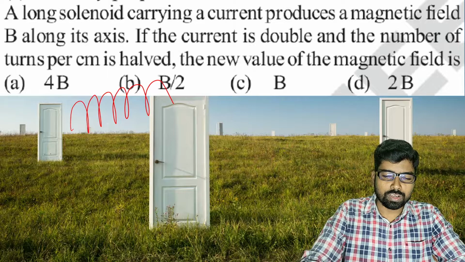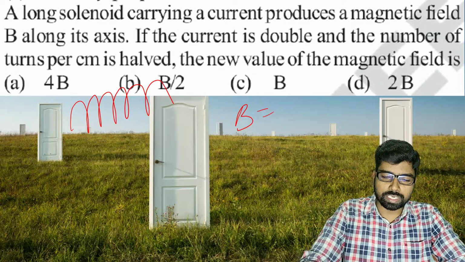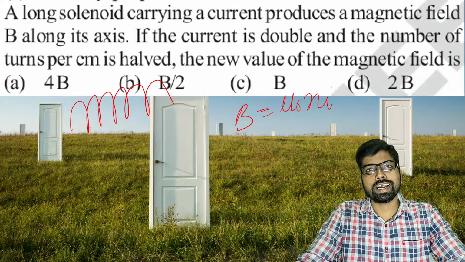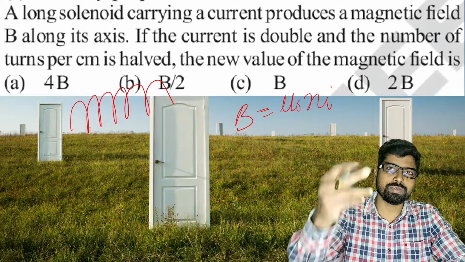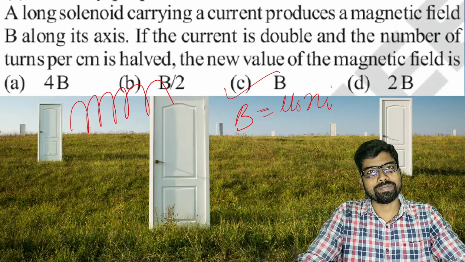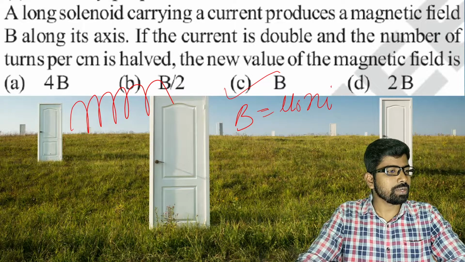All of you know that the magnetic field at the center is B equal to mu naught N I, and current will be doubled, and turns per unit length is half. Means both will be cancelled, and the answer will be the same. So these are very basic level questions, and that will be helpful for you.